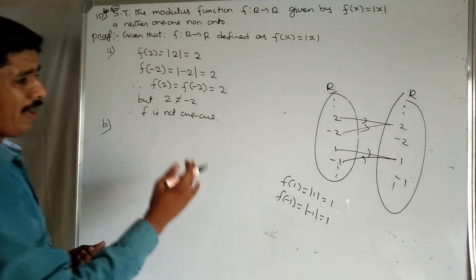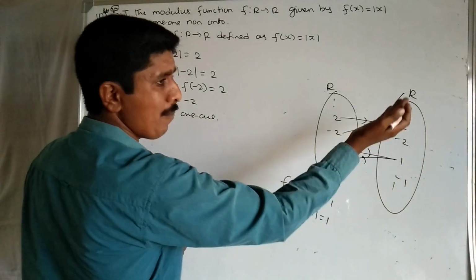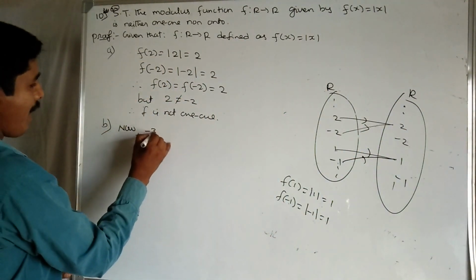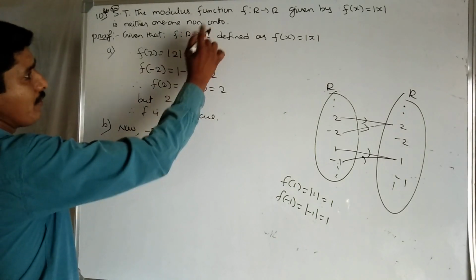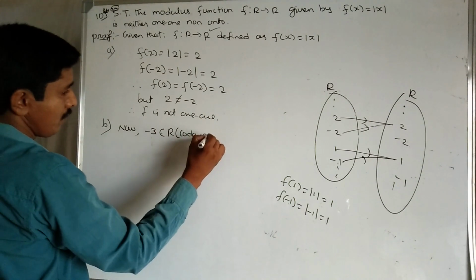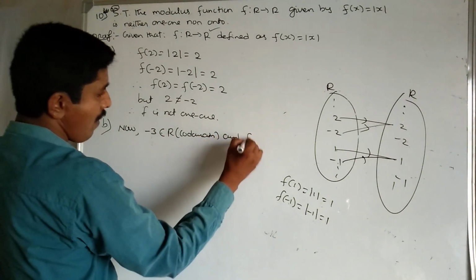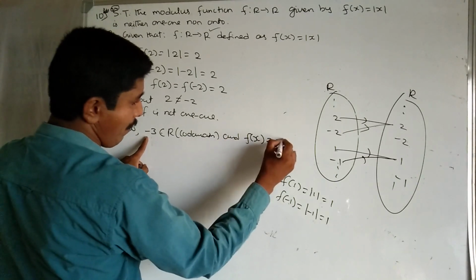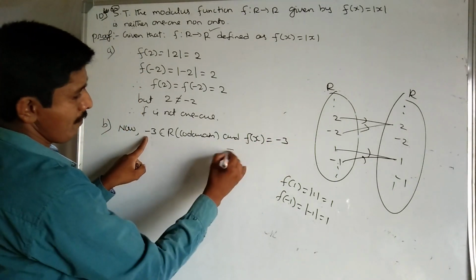Now I am taking a simple one. You can take minus 2 or minus 3. Now minus 3 belongs to our codomain. And f of x, this is the range, f of x equal to the codomain element.